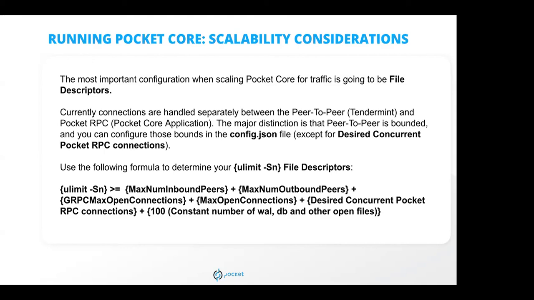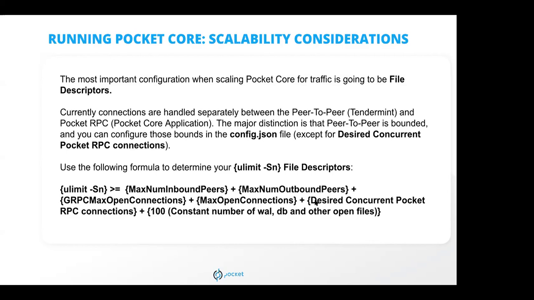And it also exposes HTTP RPC, which is governed by the max open connections parameter, which is the one that, when the application needs to request data from Tendermint, that's the one it uses. So these are two separate sets of connections.